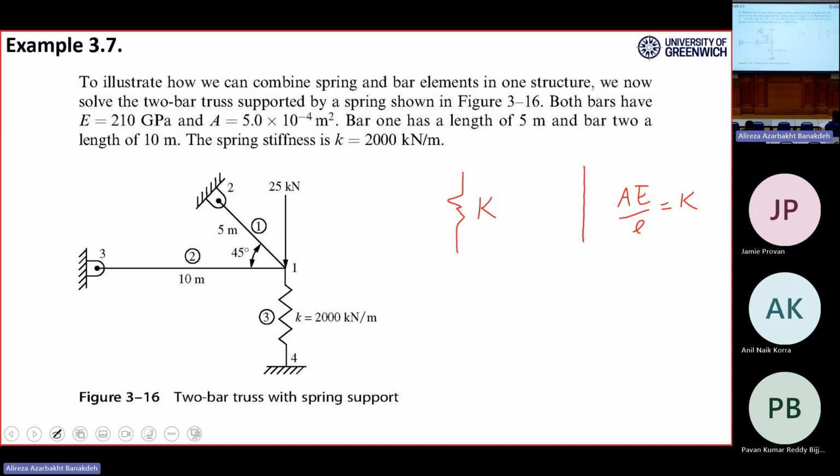And the deformation of a spring is only along the length of the element, not perpendicular to the length of the element, right?